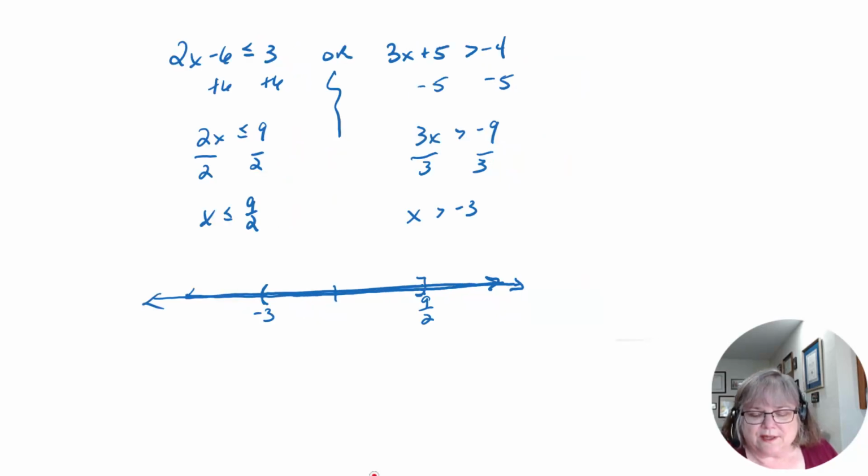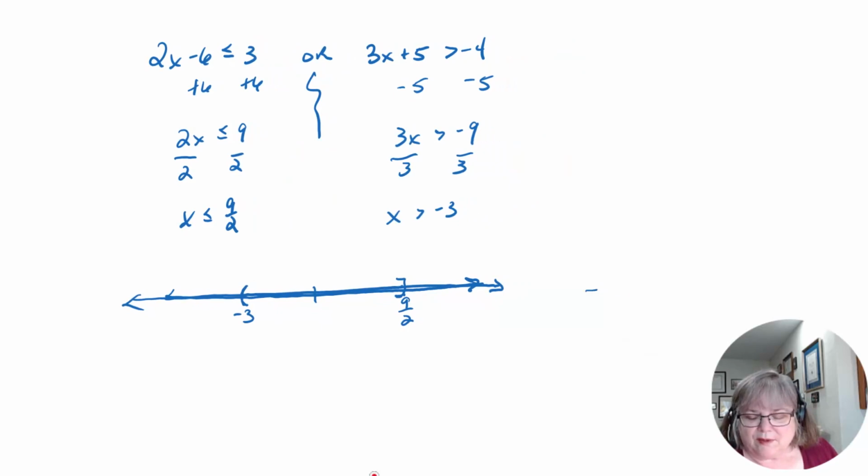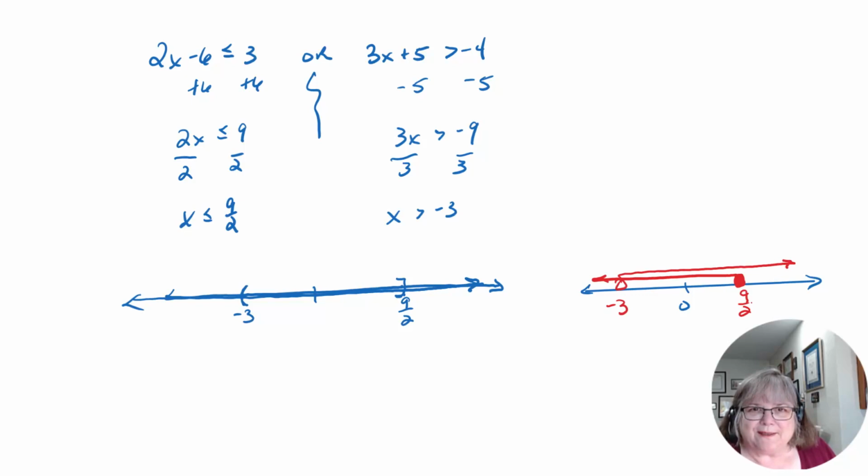I don't know if you can see those really well, so let me try something else. So you would have 9/2 colored in and going this way, and negative 3 left open and going that way. Does that help you to see a little bit better?